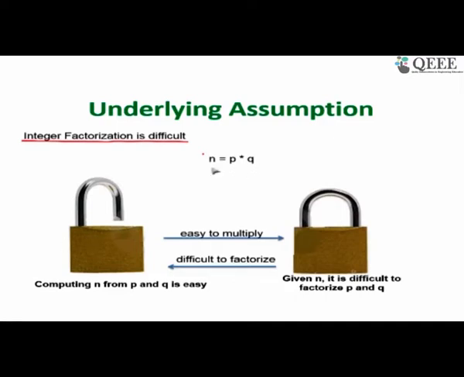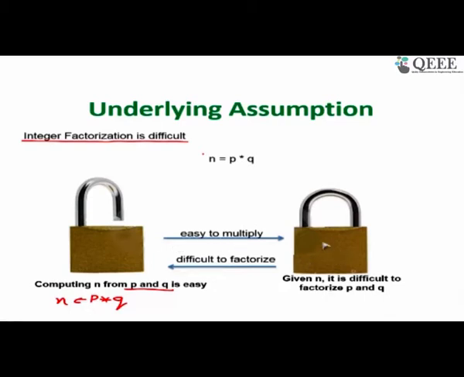Then computing the product p times q is easy to do. Given p and q, computing p times q just requires a multiplication, so anyone could compute n if they know p and q. Essentially, we just need to multiply these two numbers.